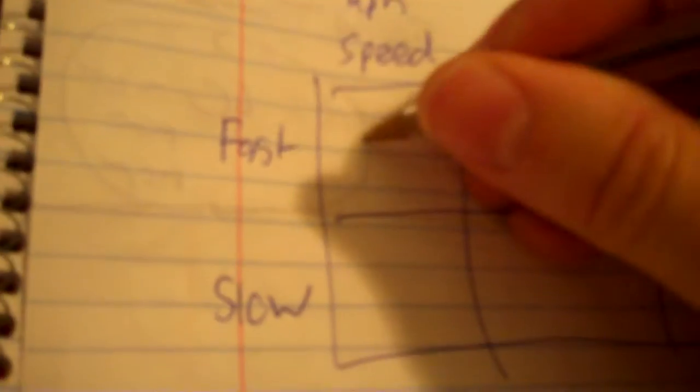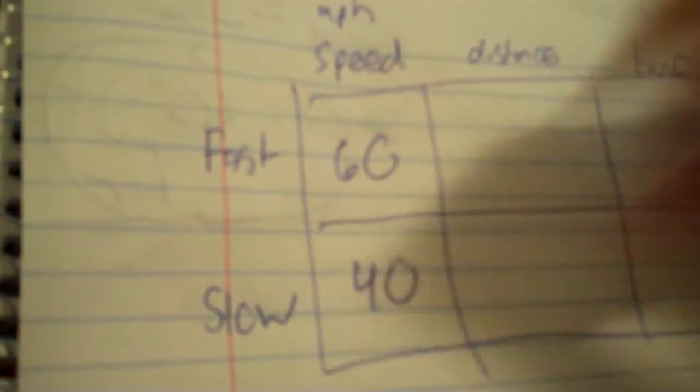You're going to have your speed here, and you want it in this order, the distance and the time. Now put fast and slow. That's how we're going to talk about these 2 cars. Speed is your miles per hour. You know the speeds. They tell us the miles per hour for each car. One car's 40 miles per hour, the other car's 60. So our fast is going 60, slow is going 40. Okay? So 40 and 60 will not be used again in the table.